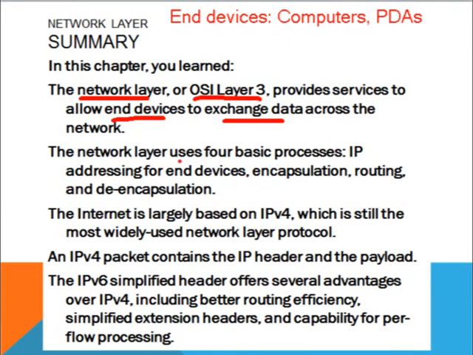The network layer also uses four processes such as IP addressing, encapsulation and routing. The current network router uses the IPv4 network layer protocol, but it will soon be superseded or replaced by what we call IPv6 because of the lack of IP addresses and for better routing efficiency and so on.